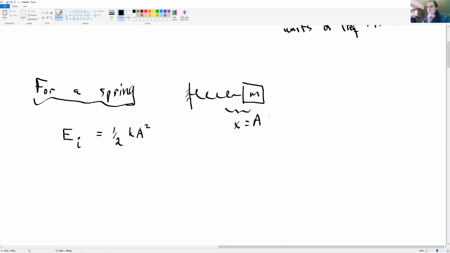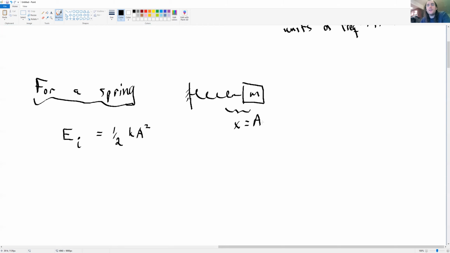That's the furthest the spring is ever going to be from equilibrium. If I stretch it a distance A and I let it go and I don't touch it, then it will only ever be compressed an amount A or stretched an amount A, and it can be anywhere in between, right?